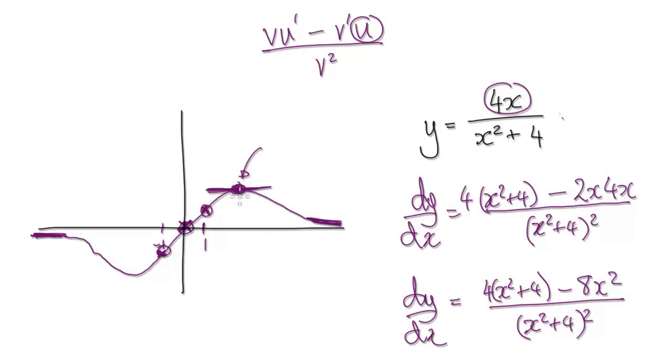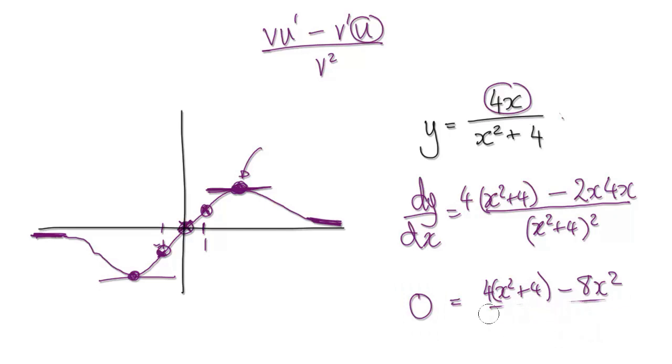Well, if I want to find this point and this point here, where the gradient would be 0, I've got to put 0 into the dy by dx. So put 0 in there and try and figure out values of x where the gradient would be 0. Now multiply both sides by the denominator, because 0 times that thing would be 0.